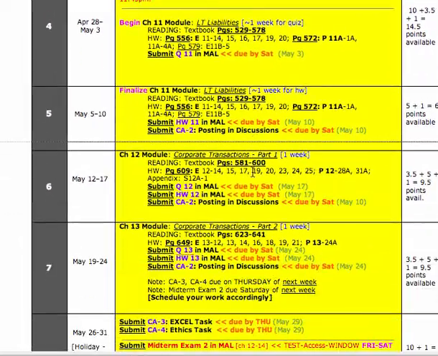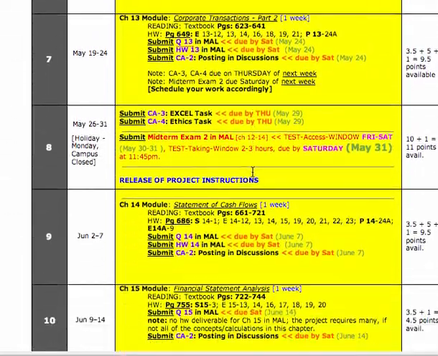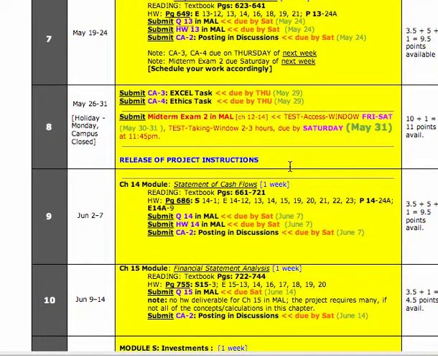If you keep moving forward in the quarter, midterm number 2 is due on the Saturday of that week, week 8, May 31st. Again, the test access window will open on Friday and close on Saturday at 11:45 p.m. The exam itself is actually 2 to 3 hours, and again, it's due by the end of Saturday, May 31st.